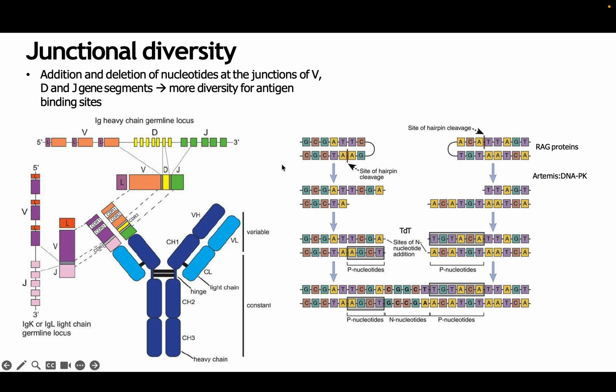But we also have junctional diversity, where when we're trying to join the V, D or J segments, we have the addition of non-templated nucleotides, which are random, and they literally join these segments together. And this is random, so you're giving much more diversity, creating many more different CDRs that bind to different proteins or antigens.